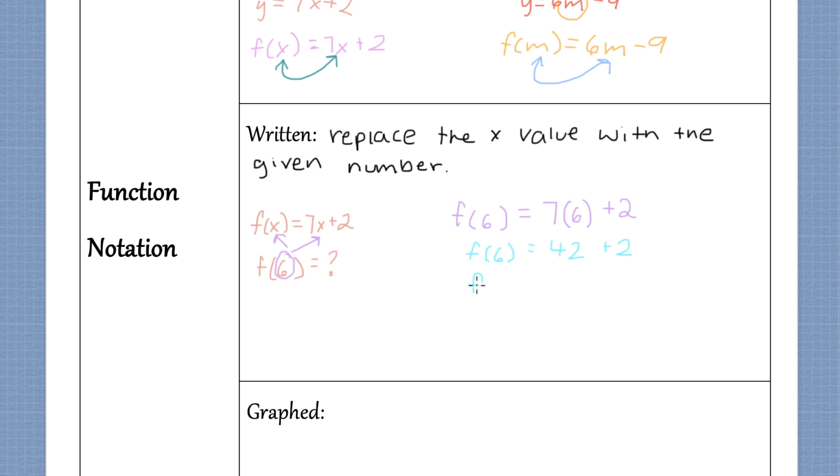So f of 6 is equal to 42 plus 2, which is 44. Our final answer over here would be f of 6 is equal to 44.